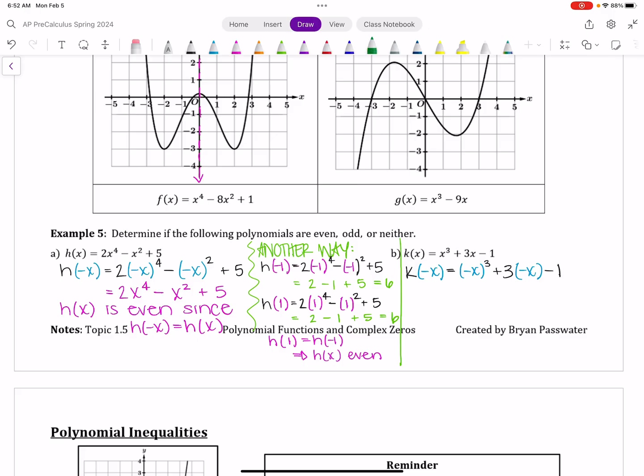And when we simplify that, a negative number to an odd power will stay negative. So we have negative x cubed. 3 times negative x would give us negative 3x, and then minus 1. And because not all of our signs change, that means that k of x is neither even nor odd.